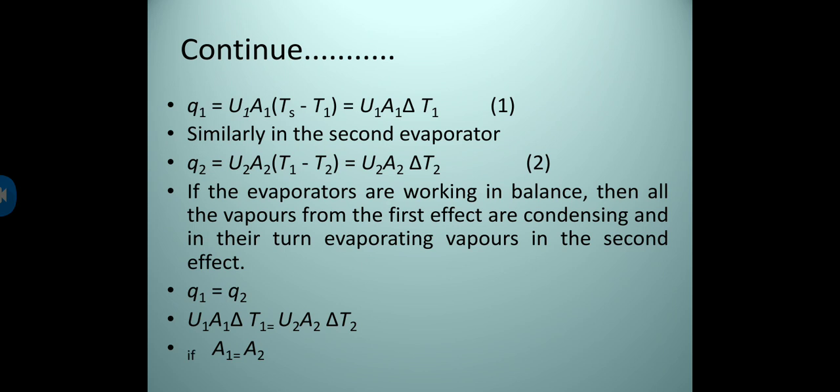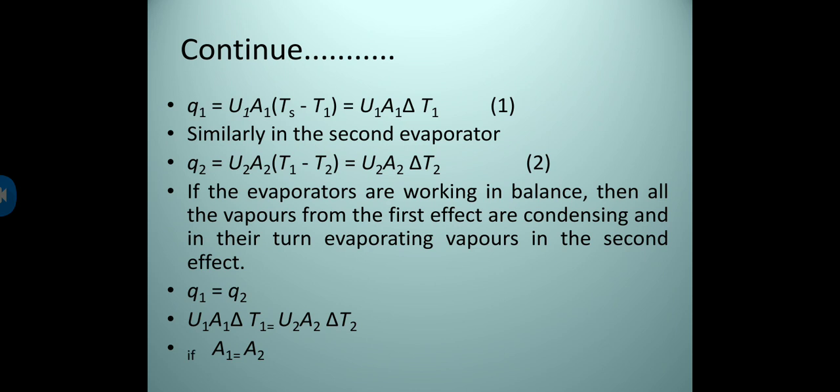Here Q1 is the rate of heat transfer, U1 is the overall heat transfer coefficient in evaporator 1, A1 is the heat transfer area in evaporator 1, Ts is the temperature of condensing steam from the boiler, T1 is the boiling temperature of the liquid in evaporator 1, and delta T1 is the temperature difference in evaporator 1, Ts minus T1.